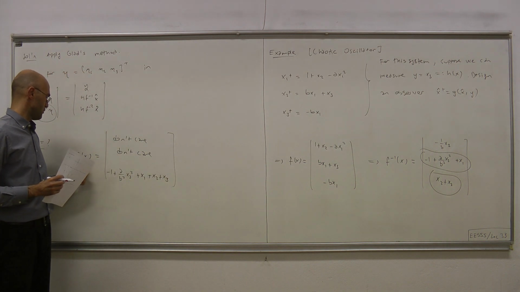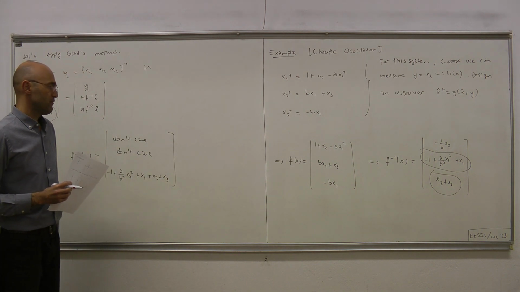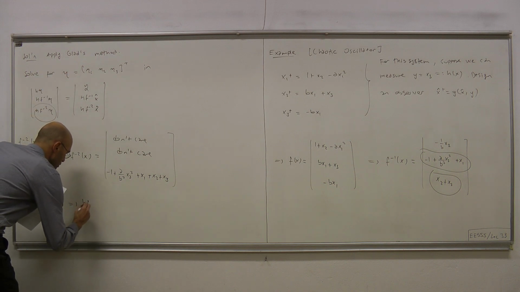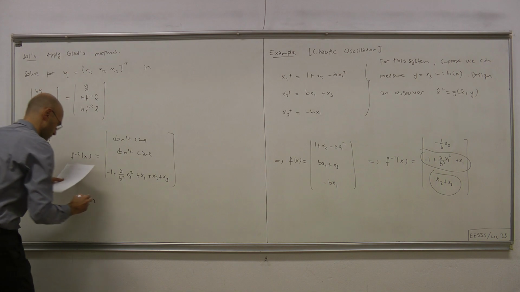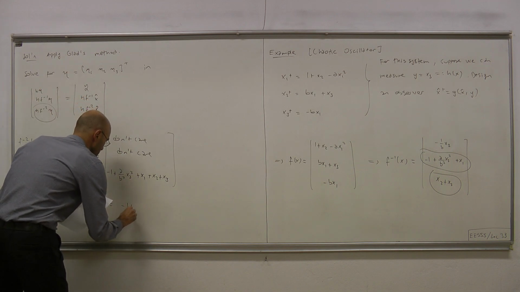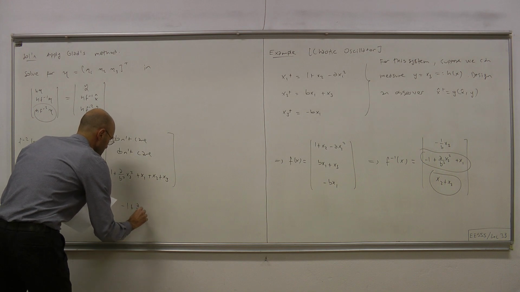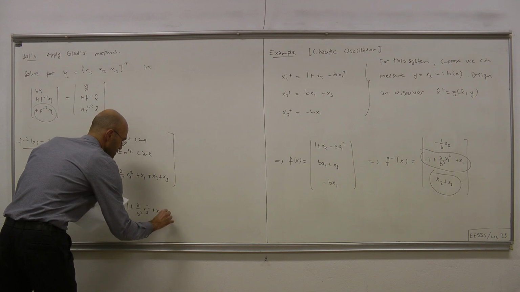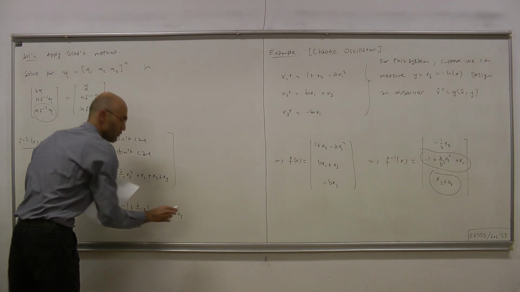Okay, so that's the third entry of f double inverse. Therefore, h of f double inverse x equals minus 1 plus a over b squared x3 squared plus x1 plus x2 plus x3.